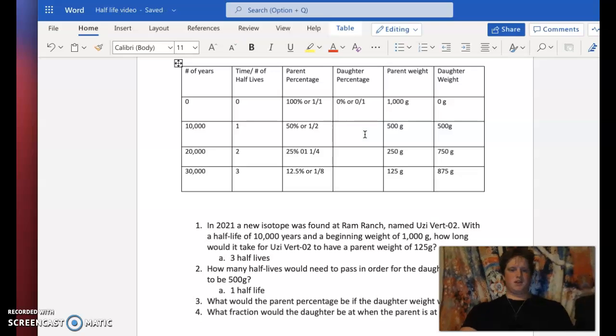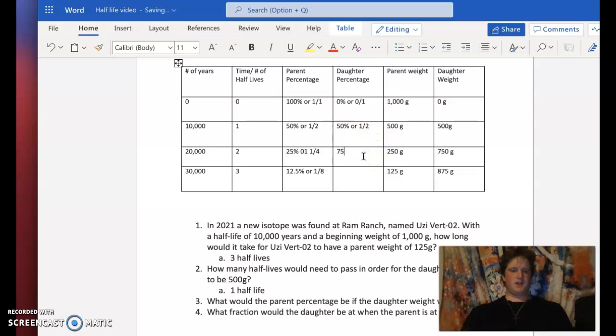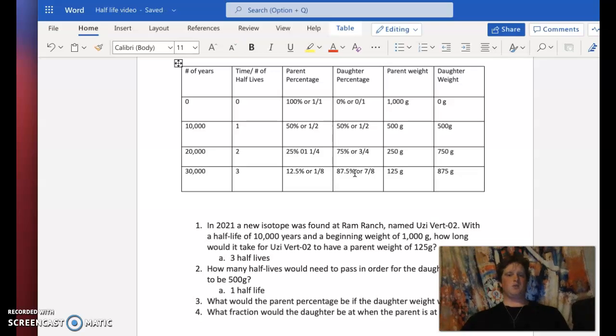So then that would make this also 50% or 1/2. This one would be 75% or 3/4. And then this one would be 87.5% or 7/8.